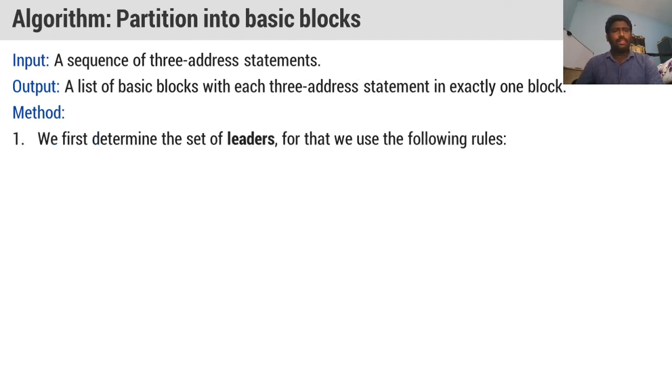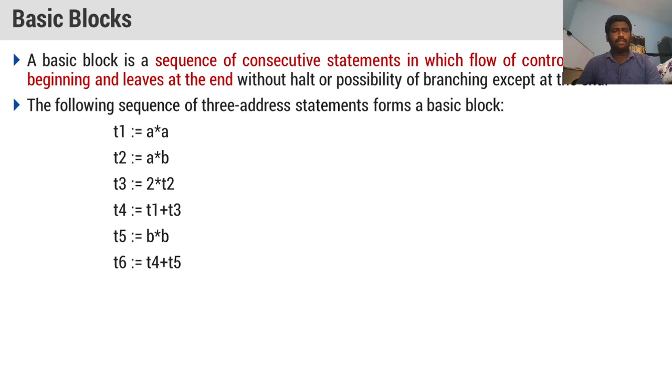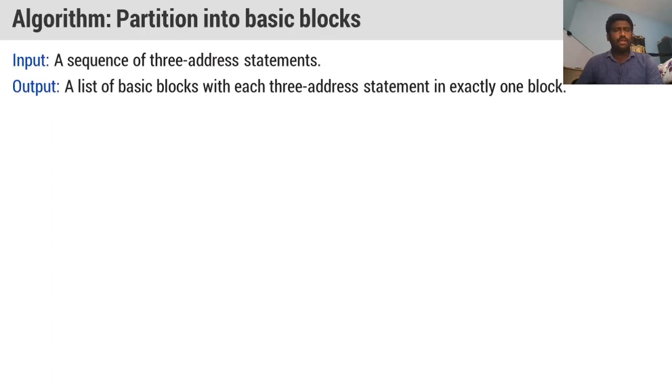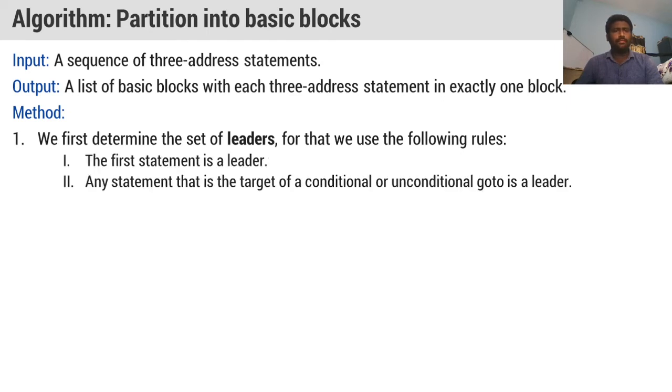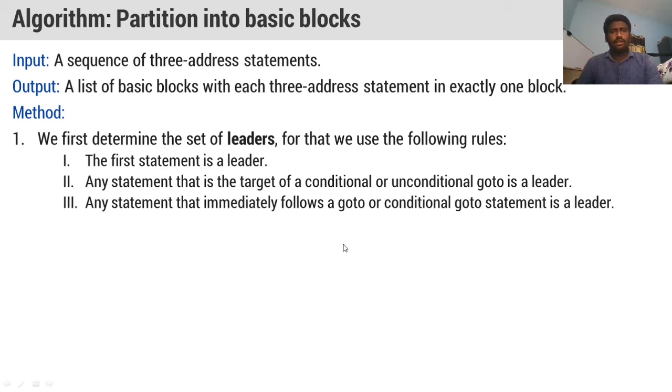In this basic block concept, we need to understand a particular algorithm to determine the set of leaders. Usually the first statement is a leader, and any statement that is the target of a conditional or unconditional goto is also a leader. Any statement that immediately follows a conditional or unconditional goto statement is also a leader.